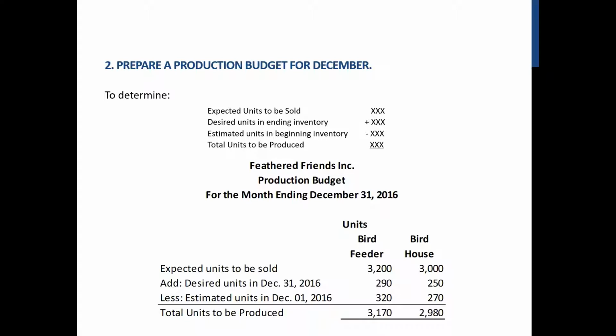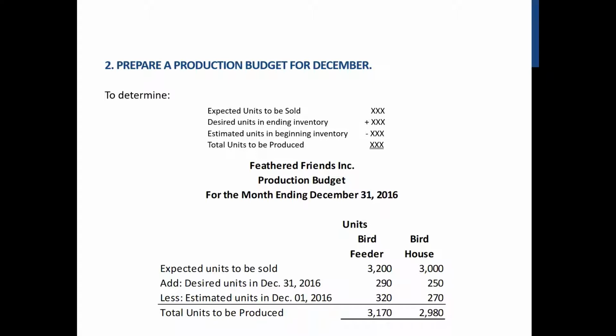2. Prepare a production budget for December. In order to determine this, you just need to follow the formula that was discussed by the previous reporter. So, for Feathered Friends Inc., for the month ending December 31, 2016, for the bird feeder, expected units to be sold is 3,200.